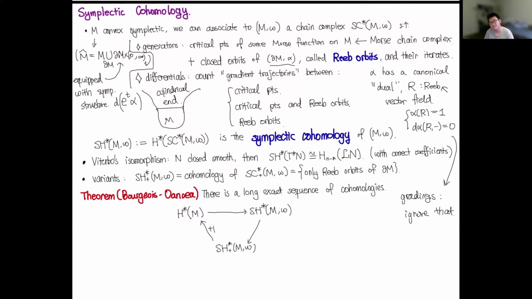It will be very complicated if you try to talk about these gradings. But the differentials are not too bad. The differentials are counting gradient trajectories between the critical points, which are just Morse trajectories. This is how we define the Morse cohomology.